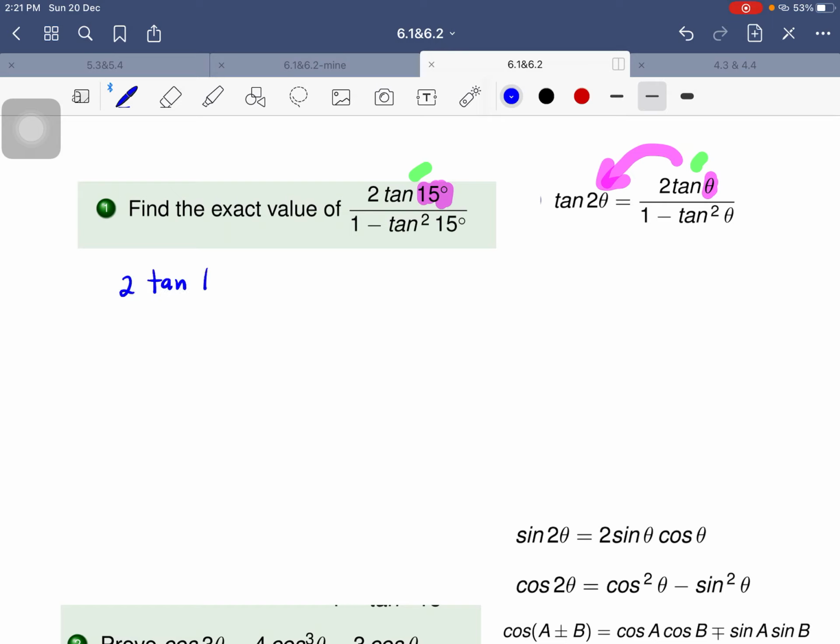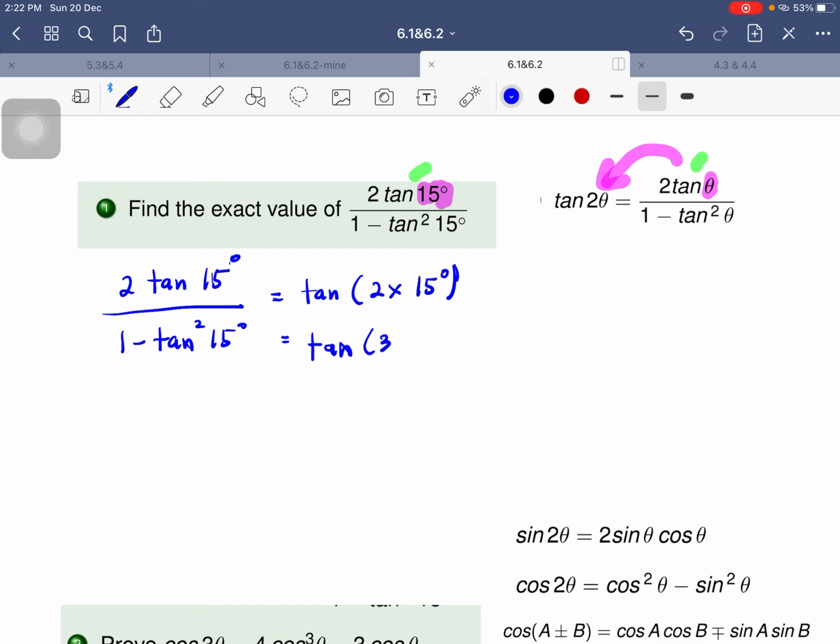So we can write 2 tangent of 15 degrees over 1 minus tangent squared of 15 degrees, which is equivalent to tangent of 2 times theta. Because our theta is 15 degrees, that is 2 multiplied by 15 degrees, which is 30 degrees.